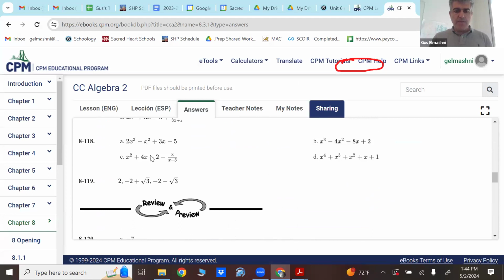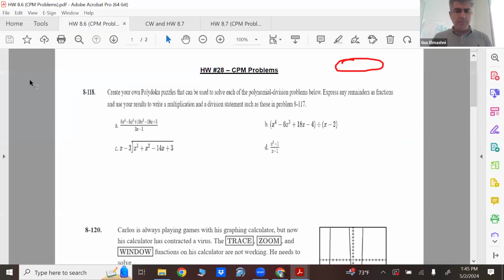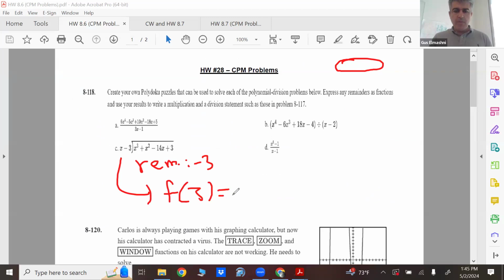Yeah, it was x squared plus 4x minus 2, remainder -3. Remember we had this as our answer for part C. We had -3 as a remainder, my bad. What this means is that f of 3 will equal -3. So what's happening here? You have f of x divided by, they say, x minus c.